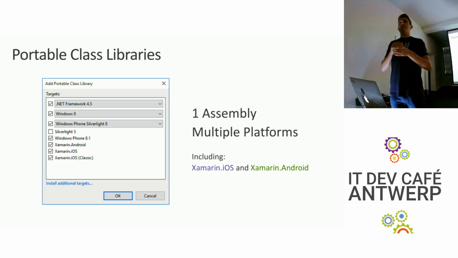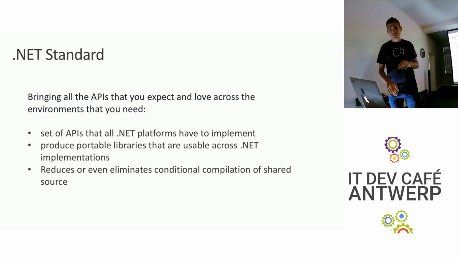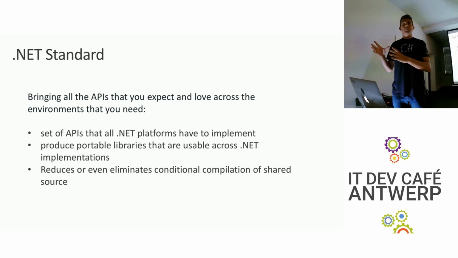Now, shared projects and portable class libraries are the 2 that are more of the hopefully legacy, and then the third way in which you can share code, .NET Standard, is supposedly going to be the future.